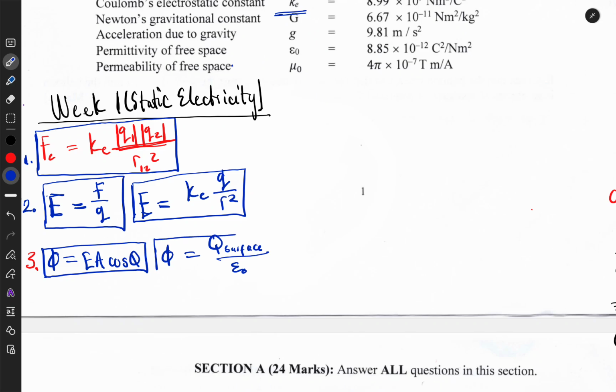This is the Q, the total charge inside the surface, divided by the permittivity. And this is going to be it, and you'll be done with the first part. So here are the formulas which you are going to need, okay? How is that? Great, right? So this is going to be the first part. We have only three parts, okay?